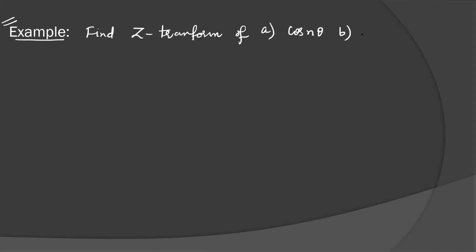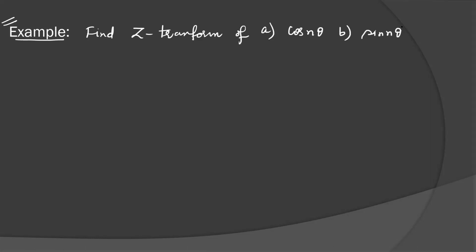Now, using the linear property, I am going to solve a very important example. Find Z transform of cos n theta and sin n theta.